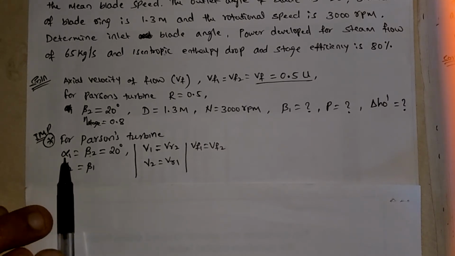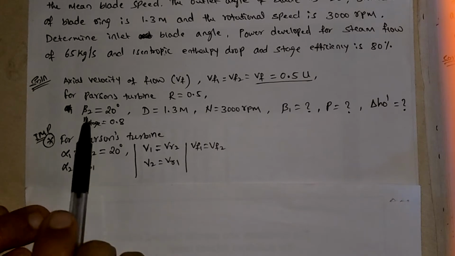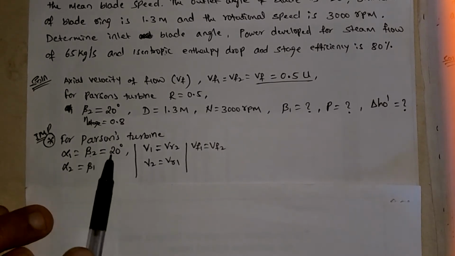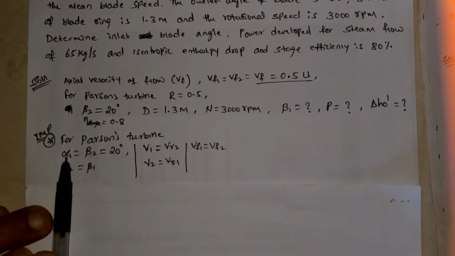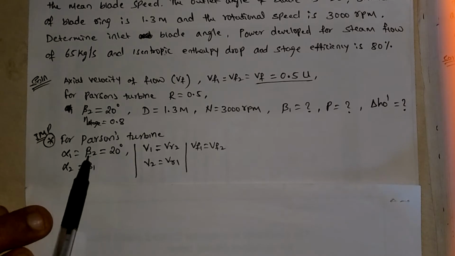So the same is implemented for alpha 1 also. So alpha 1 is equal to beta 2 is equal to 20 degree. Because beta 2 value is given here, the same value is to be implemented for alpha 1 also. So this is the first condition: alpha 1 is equal to beta 2.